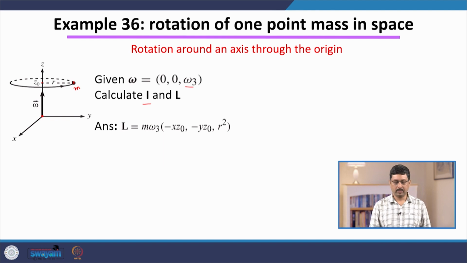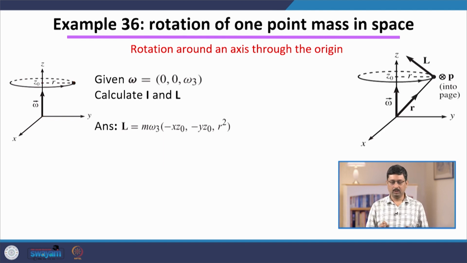Before going to the calculation, let me show you pictorially that we shall find the angular momentum has different directions from the angular velocity, whatever the magnitude. We know that angular momentum is given by r cross p.